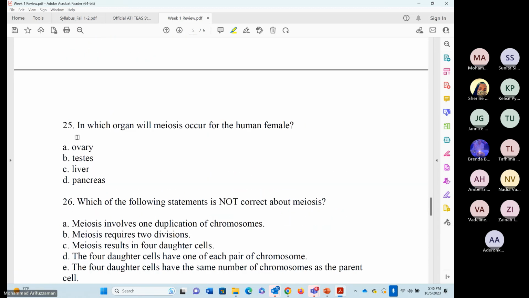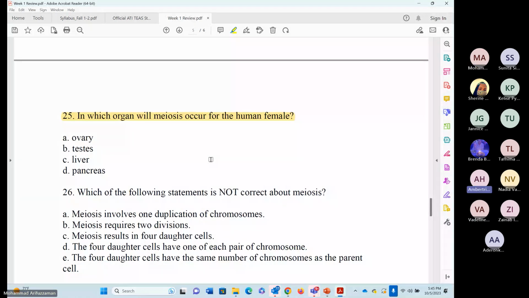Okay. In which organ will meiosis occur for the human female? The ovary. And for the male, it is the testis. And what type of cell division occurs in the liver and pancreas?